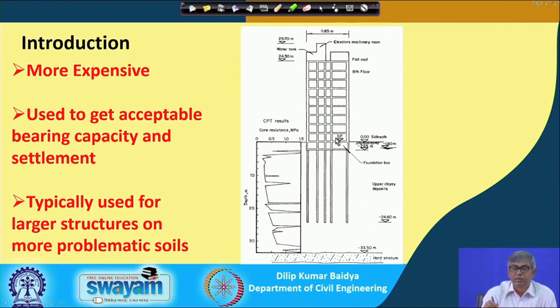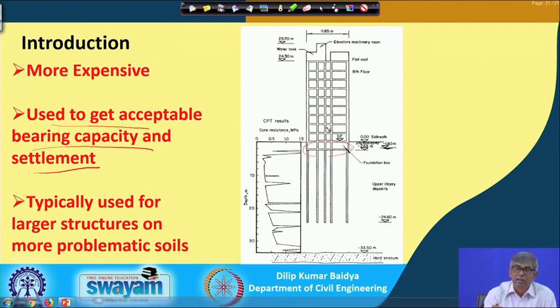This is deep foundation, which I have already shown once; it is more expensive and is used to get acceptable bearing capacity and settlement. That means if I build a shallow foundation for this building, then whatever pressure comes to the soil may exceed the bearing capacity of the actual soil.